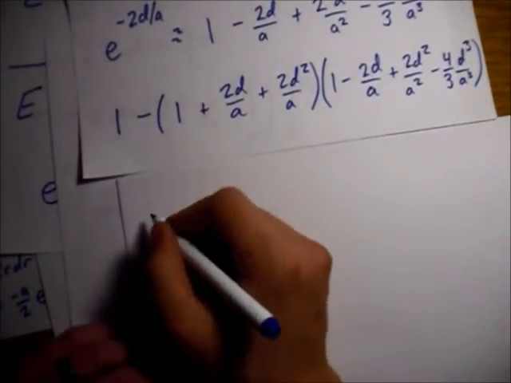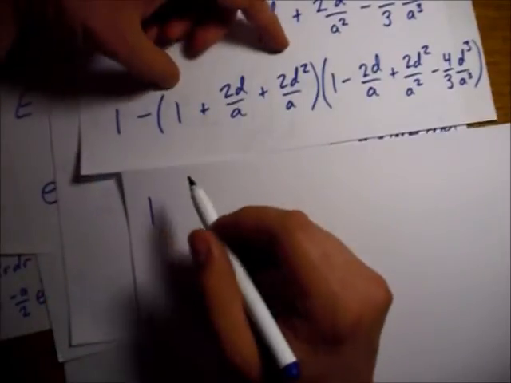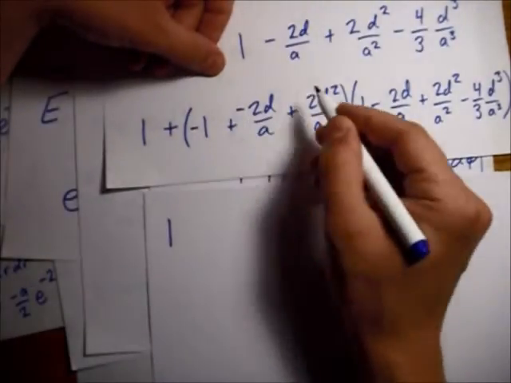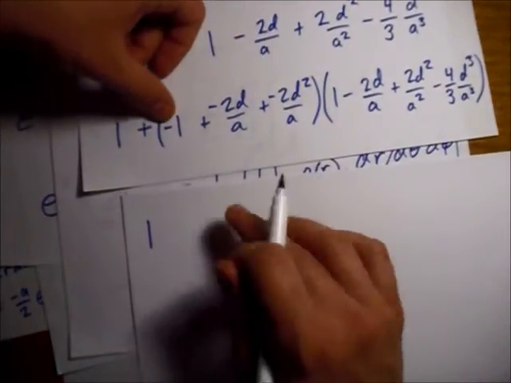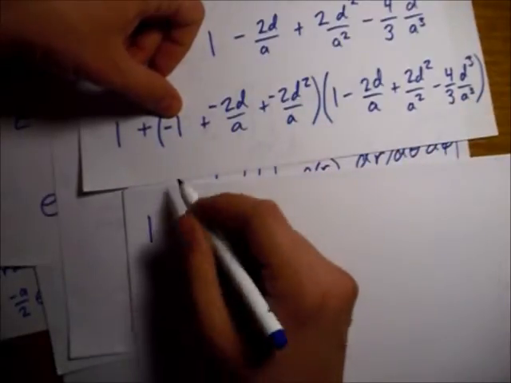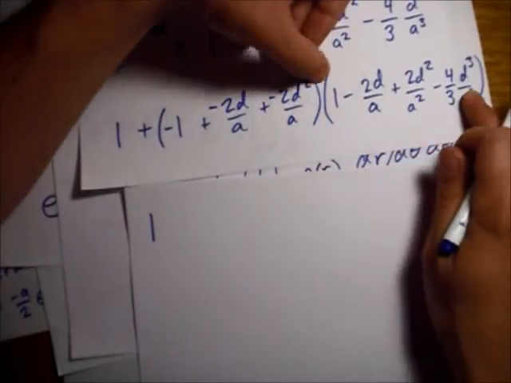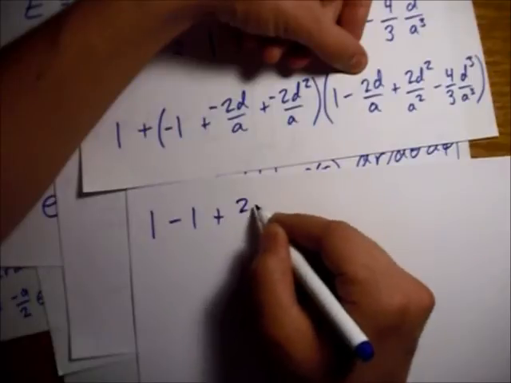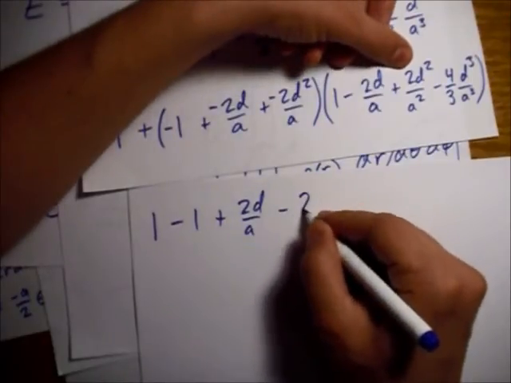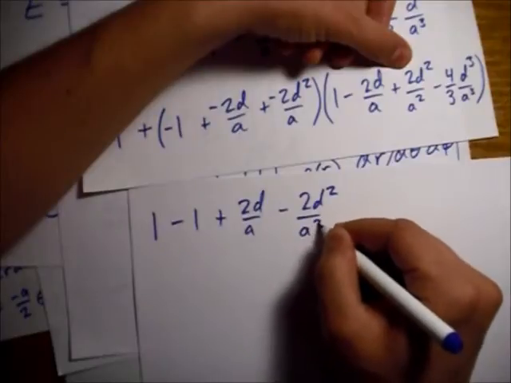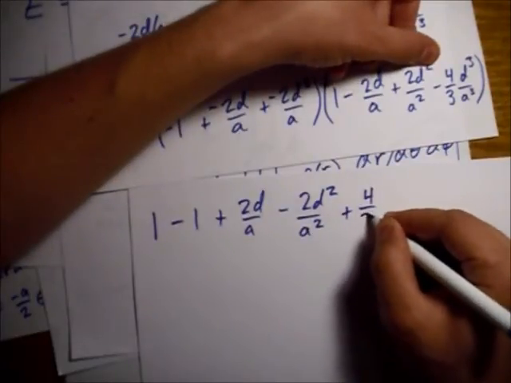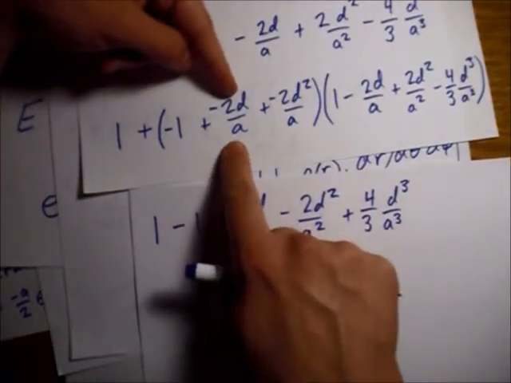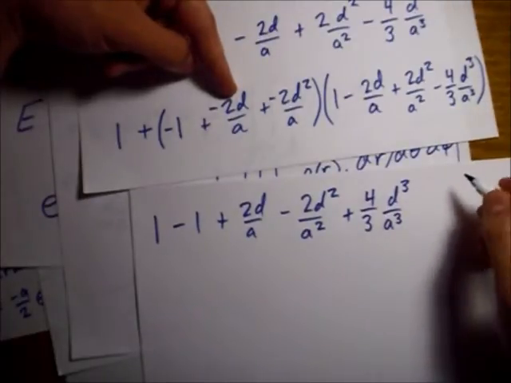So let's go ahead and write this out. We have a 1, and then let me write this minus sign inside these parentheses. So let's multiply minus 1 by this. So minus 1 first, and then a plus 2d over a, and then a minus 2d squared over a squared, and then a plus 4 thirds d cubed over a cubed. Now we're going to take this term and multiply it by this and write it in there.